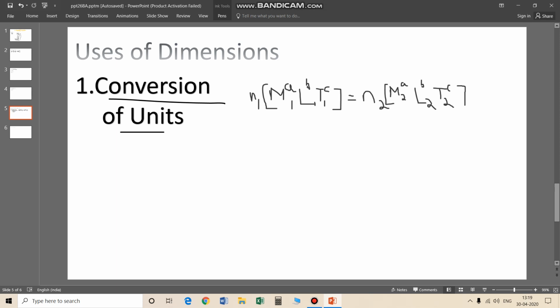Then these will change, but the product will remain the same. This is the concept behind the conversion of units. Here n1 and n2 are the numerical values of the two systems of units respectively. With this equation, we can convert the numerical value of a physical quantity from one system to another, right?